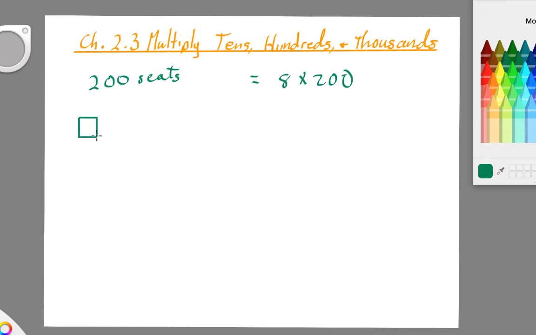This is a car, and this is a car. And if each one has, this is like one car, but there's 100 plus 100 is 200. So this represents 200.